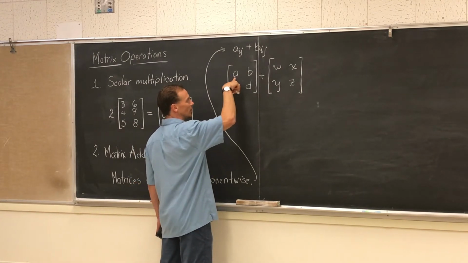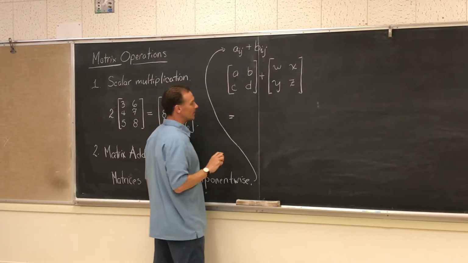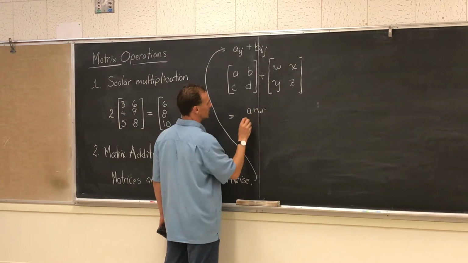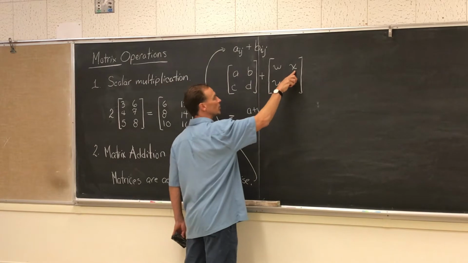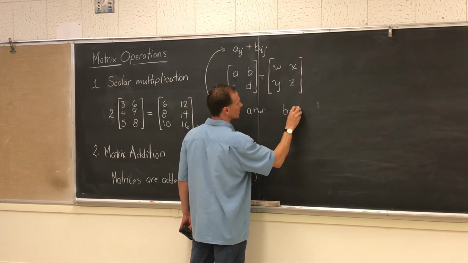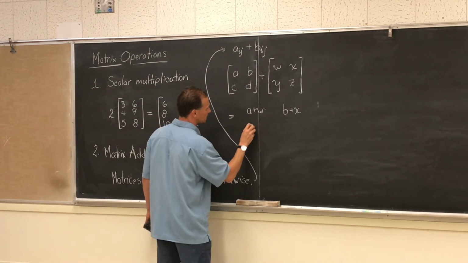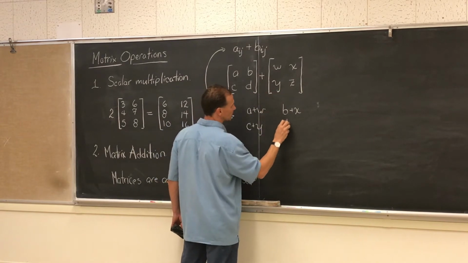So the 1, 1 component in the first matrix plus the 1, 1 component in the second matrix. So we have A plus W. We have the 1, 2 component with the other 1, 2 component. So B plus X, C plus Y, and D plus Z.